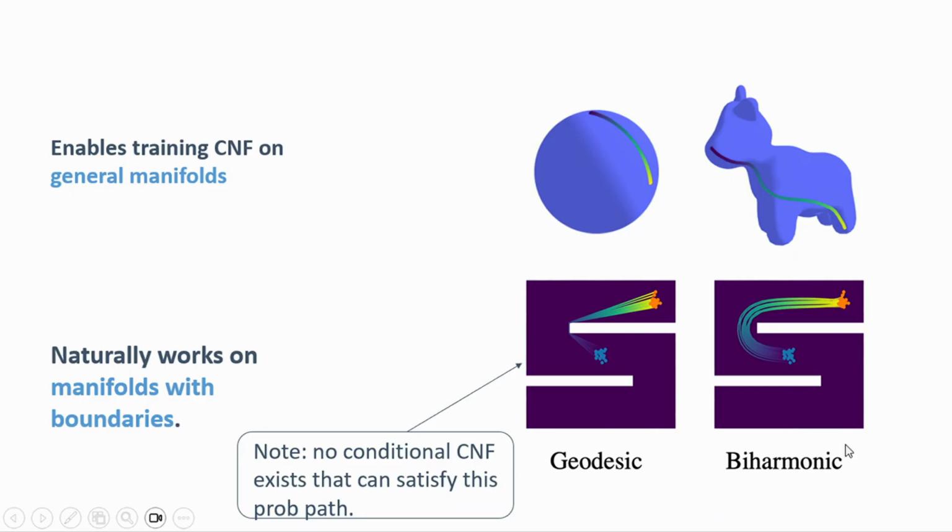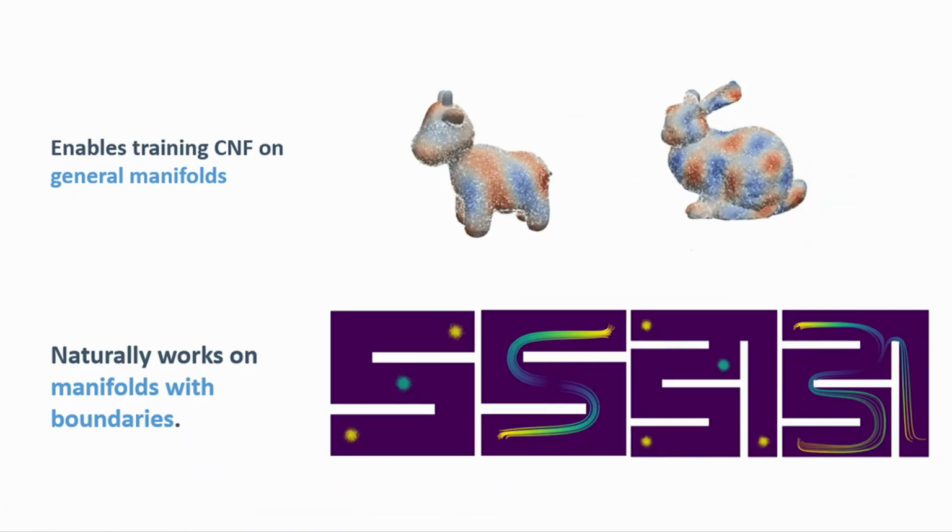Using this biharmonic pre-metric, it's able to get around boundaries, so it performs nicer and actually works better than the ground truth geodesic, and they show the effectiveness of that method on these general manifolds.